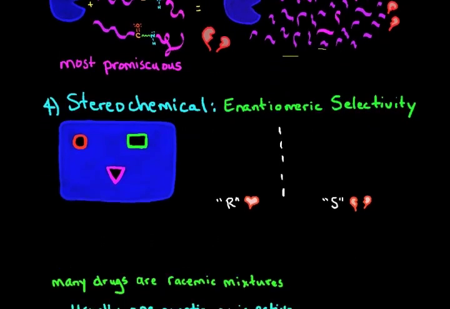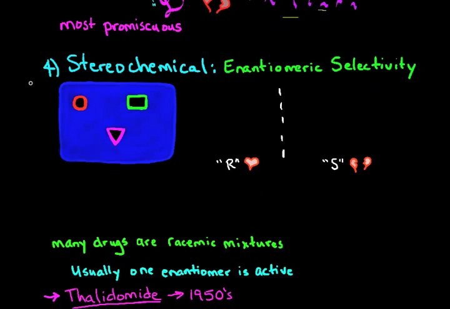The last kind of specificity is actually different. It's kind of unique. In fact, it is unique in that almost all enzymes demonstrate this kind of specificity. It's called stereochemical specificity. And what it involves is, of course, enantiomeric selectivity.